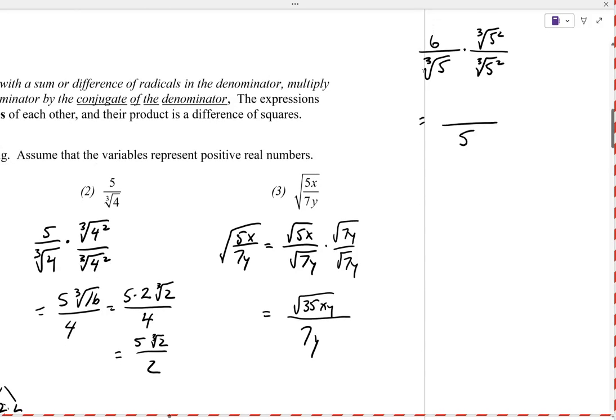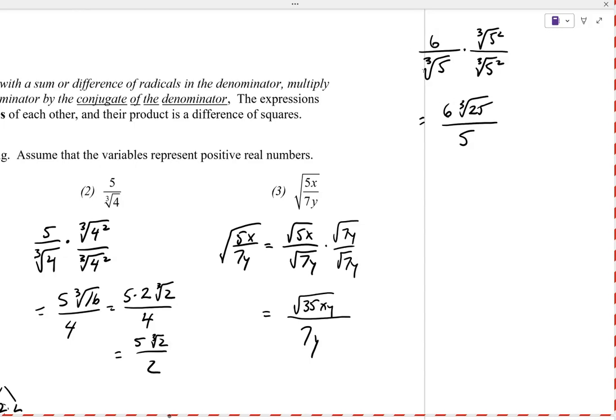And then on top, all we get is 6 cube root of 25, because 5 squared is 25. And there's nothing else we can do to simplify that. 25 is 5 times 5. There's not a group of 3. Questions on that one? It's okay?